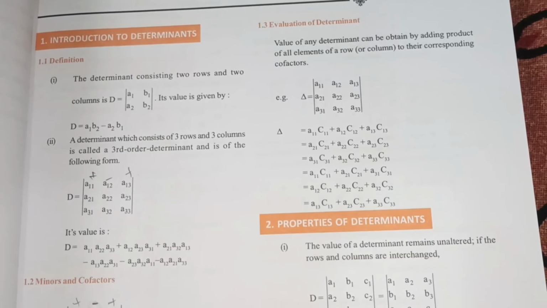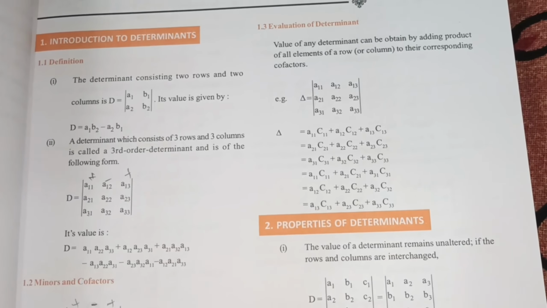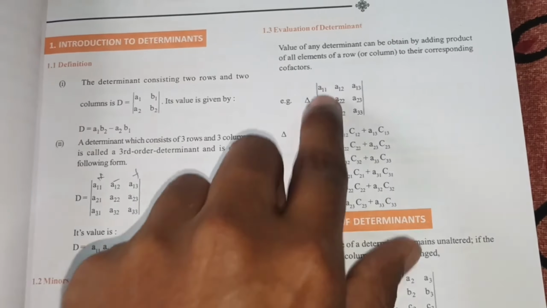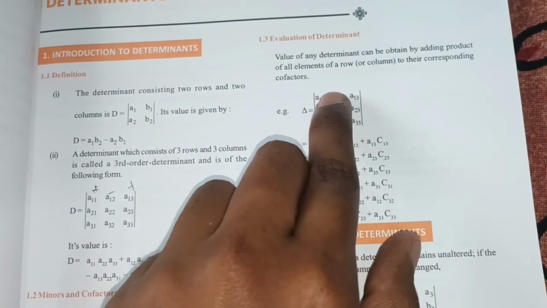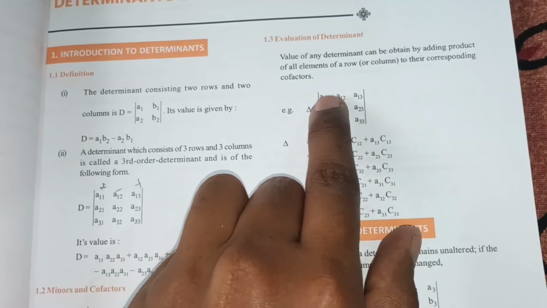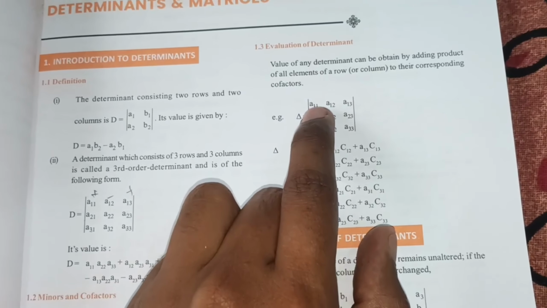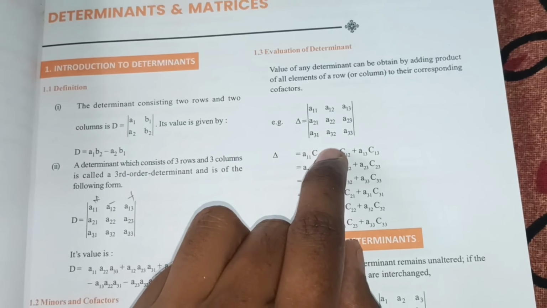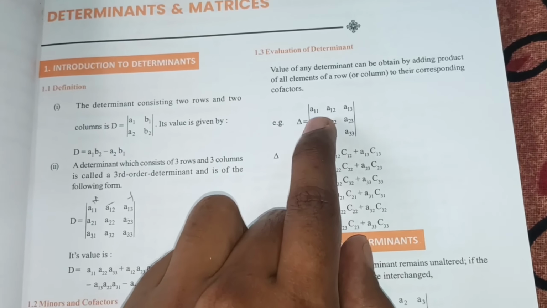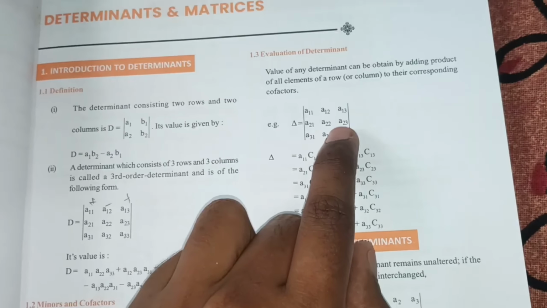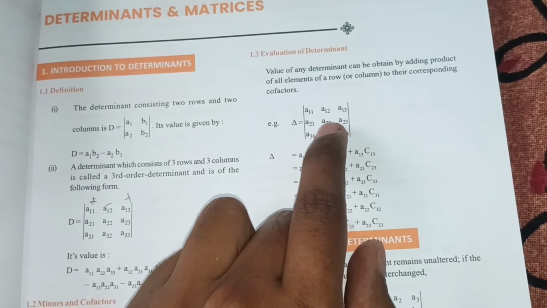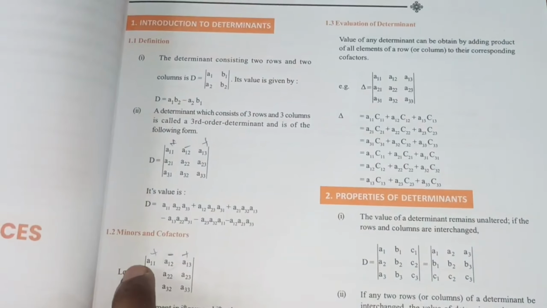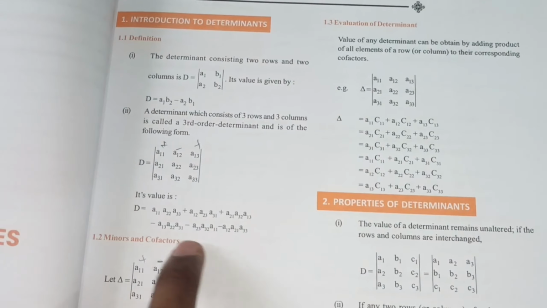So delta can be equated as A11 into C11, this one into this one, and then plus, minus, plus. The cofactor is (-1) to the power 1 plus 1, which is 2, times the minor. So you will get the answer as this, with signs plus, minus, plus.